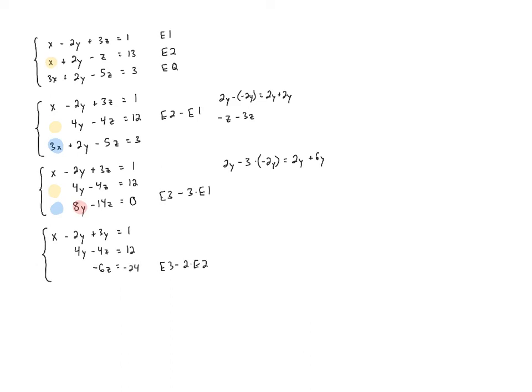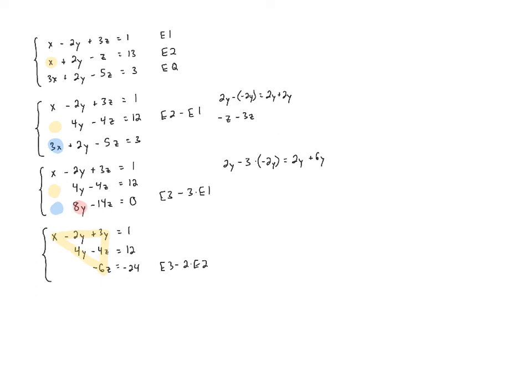So at this point, we now have our system of equations written in triangular form, and that is the bulk of the work. Once we've done this now, we can figure out what z is, substitute that into the second equation, and then solve for y, and then substitute those into the first equation and solve for x. So let's start with z.